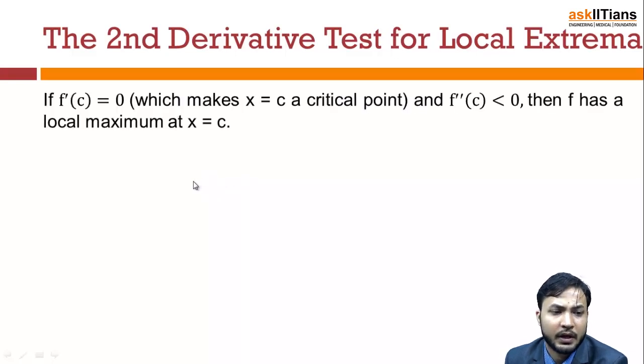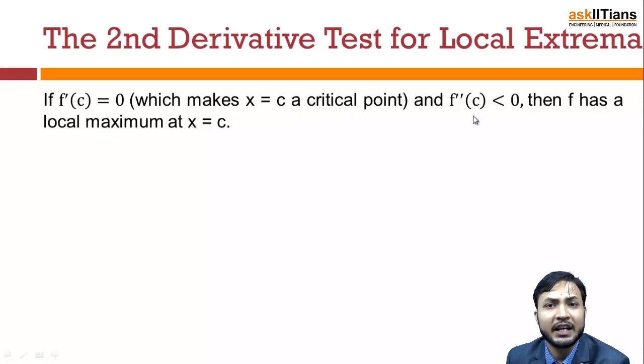Now let's say I have my function. Based on all that study, if I have my f dash c equal to 0, which it makes at a particular critical point like we defined, and my f double dash c is less than 0, then f has a local maxima at x equals c, just as I told you.